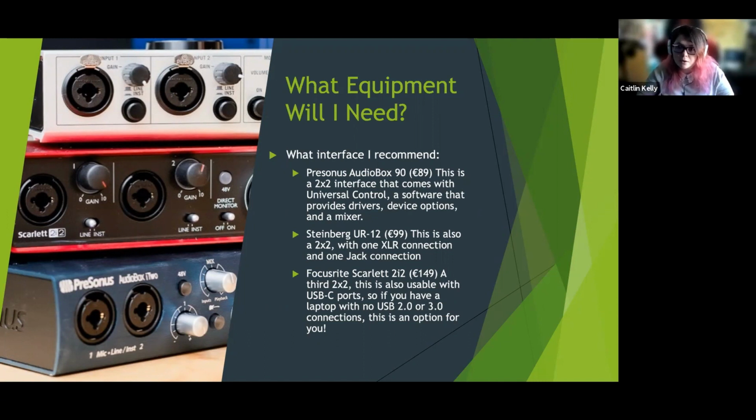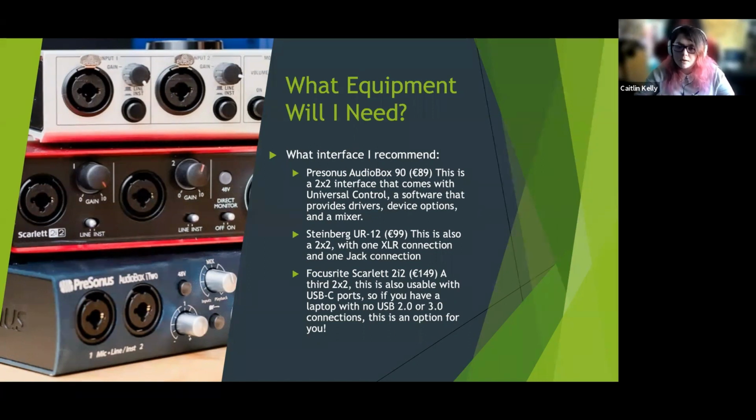So the PreSonus Audio Box 90. It's a 2x2 interface. PreSonus are really good. They come with a universal control, so there's a huge variety of drivers that come with that, and one of them will work. It also comes with the ability to adjust device options like sample rate and stuff, which is very handy, and I'll get into that later.